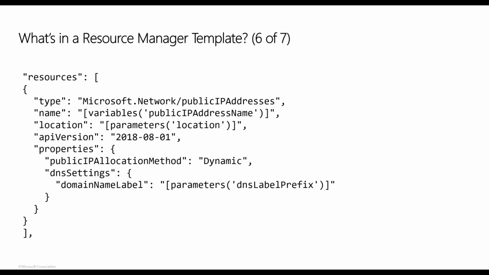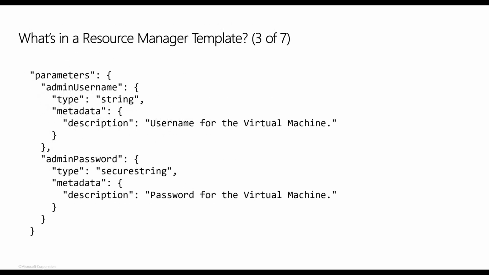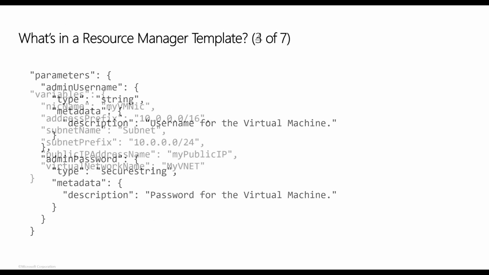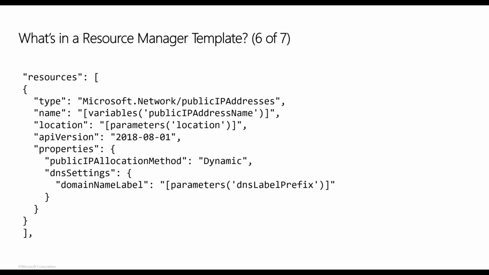And if you look at the parameter section, I think we mentioned the parameters. This is an example where we mentioned the admin username and password. Likewise, you can define a location parameter, and that can be referenced here. Also, the DNS label prefix, that's the DNS label.